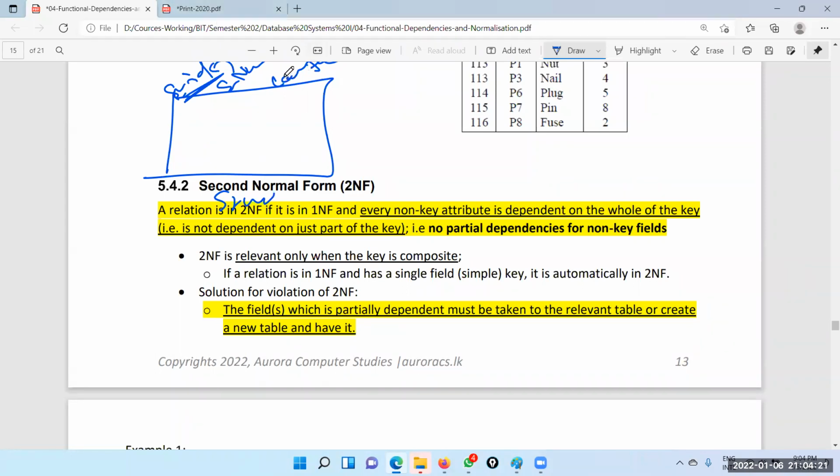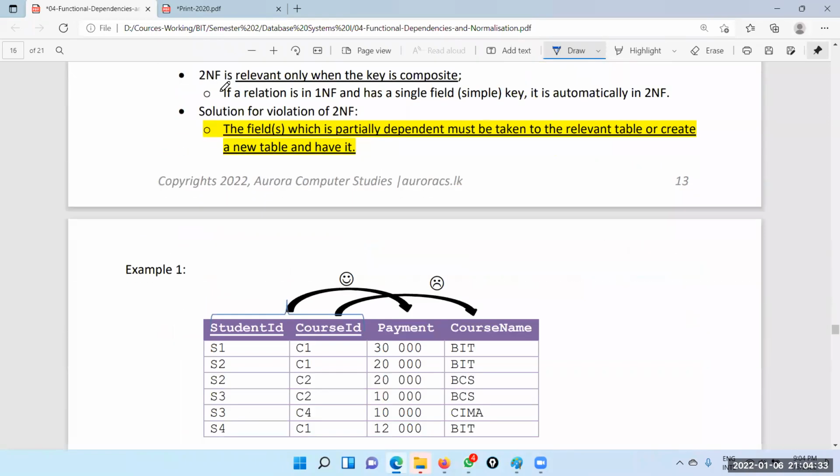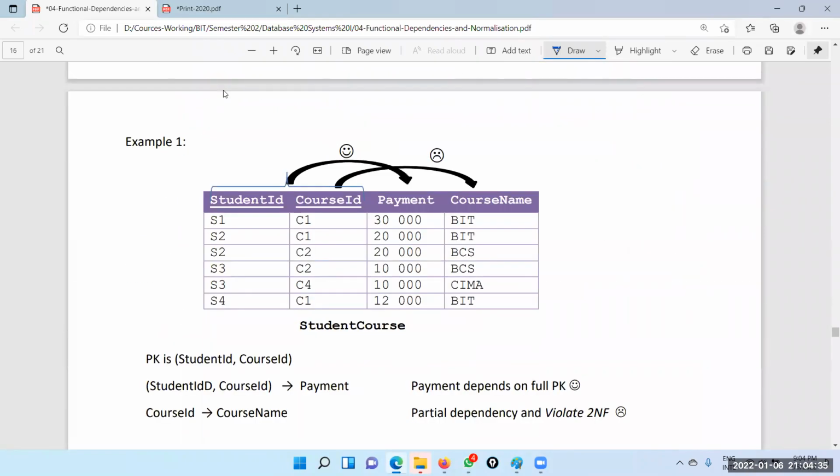So therefore this has violated the 2NF when you have a single primary key. Then we have composite primary keys. It is more interesting. So in composite primary keys, there can be a situation where, now composite primary key means here the student ID and the course ID.